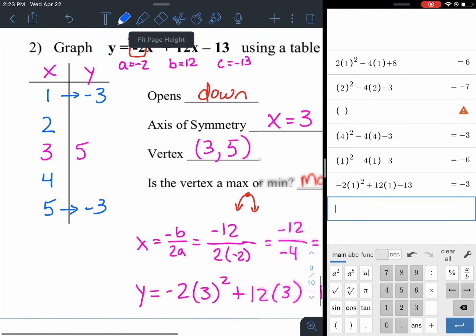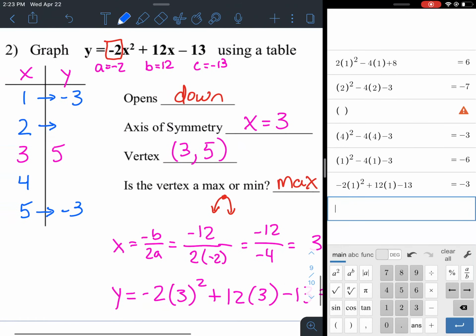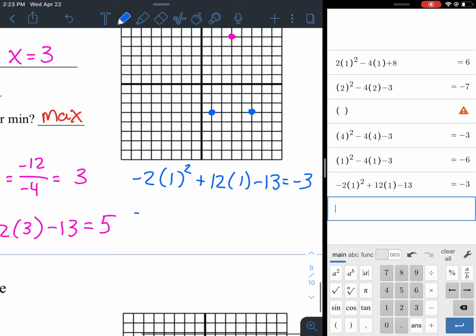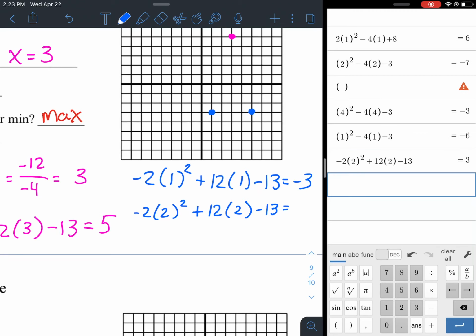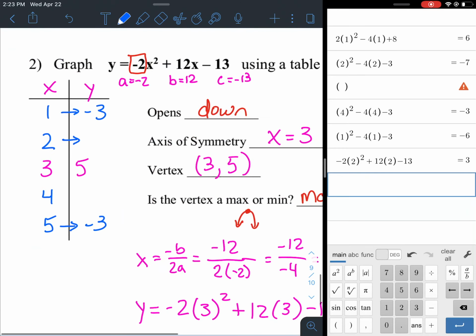Okay, now the last ones we need to do. Where are 2 and 4 taking us? So 2, same thing. I would just do negative 2 times 2 squared plus 12 times 2 minus 13. I'm going to use my calculator shortcut and replace the 1s with 2s. And I can see that it's positive 3. So 2 led me to positive 3. 4 will also lead me to positive 3.